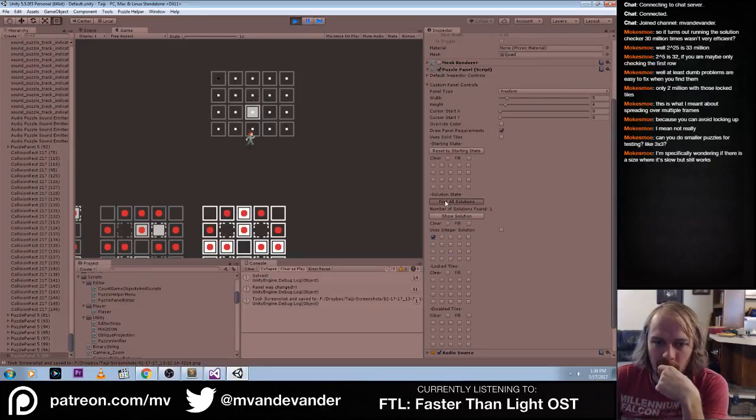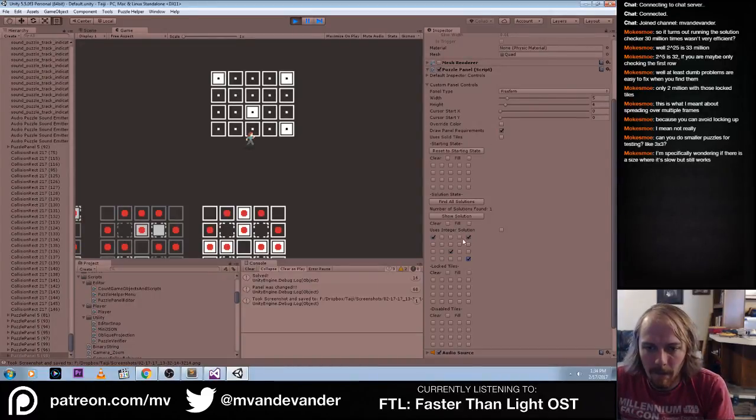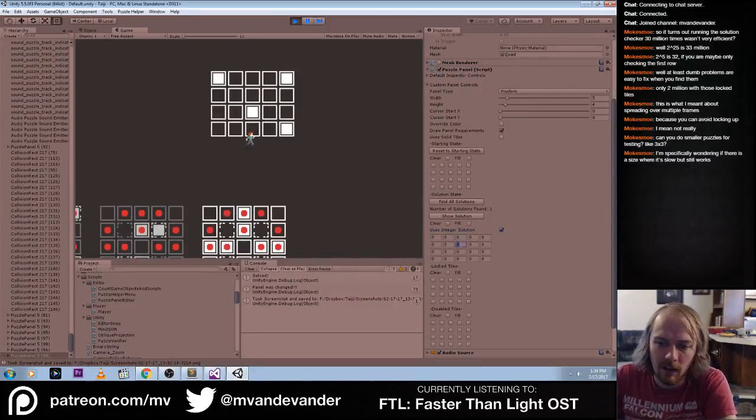It also depends on what the kind of solution is. Like, if I set it to one of these where it's just a set solution, and it's not actually using these kind of mechanics. Like, if I go in and set this to these guys, then it gets much slower, right?